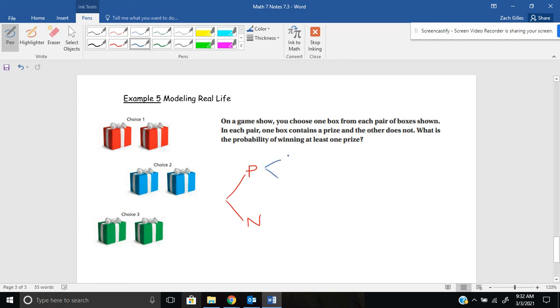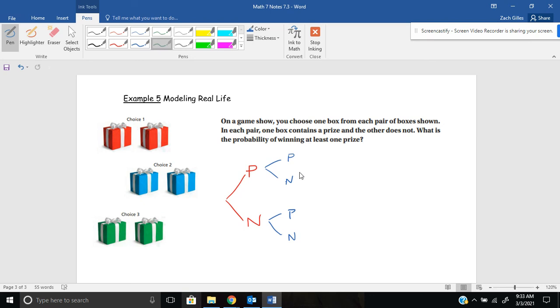You could choose the box with a prize or the box with no prize. Maybe in choice 1 you pick the box with no prize, but you still have a chance in choice 2.